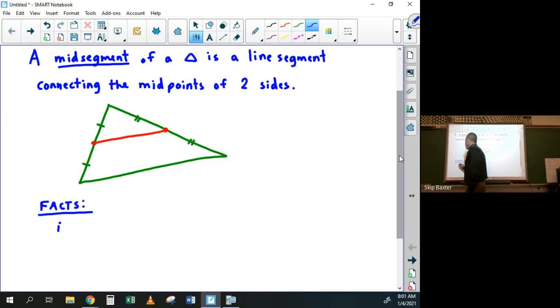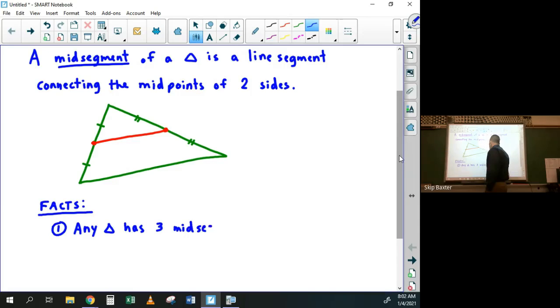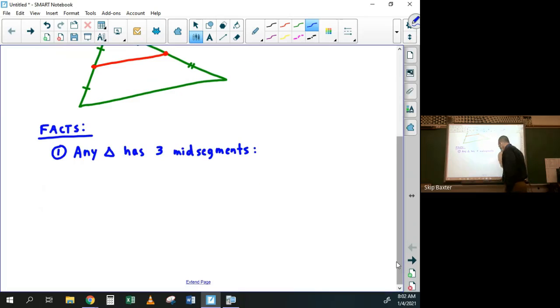The first obvious fact is any triangle has 3 mid-segments. Right? Any triangle has 3 mid-segments. So if I draw this, it's really obvious.